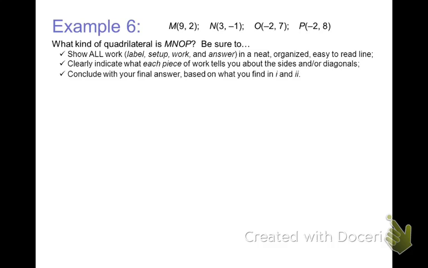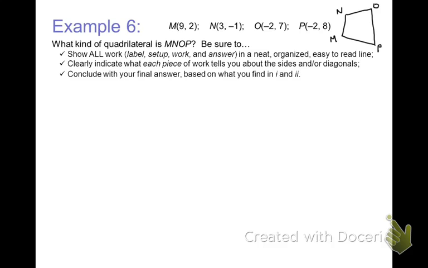So remember, we always start by sketching our little figure so that we can see where things are. So this goes in the order of M, N, O, P. What do we check first?